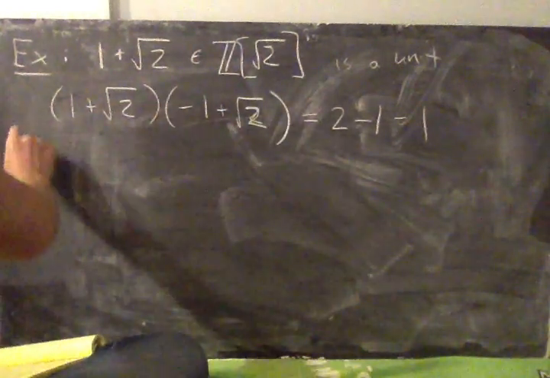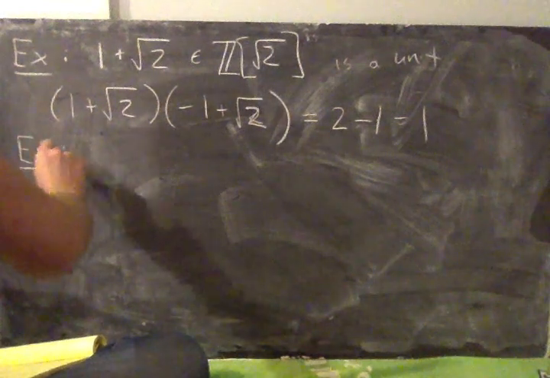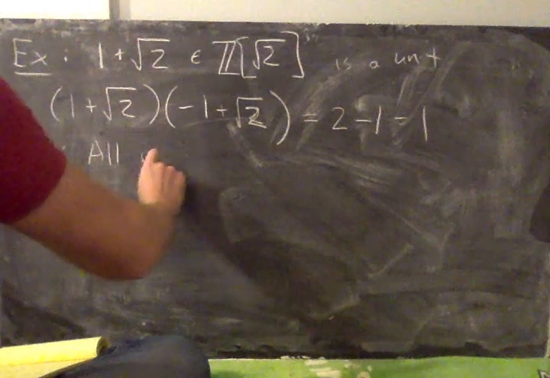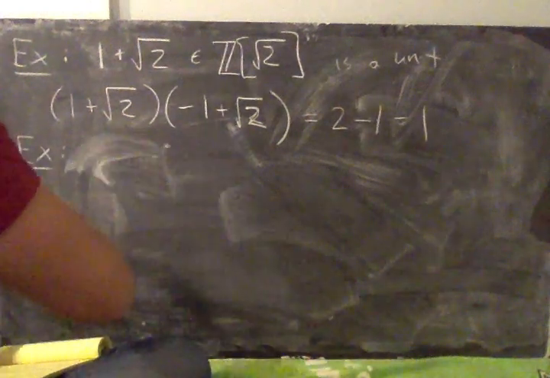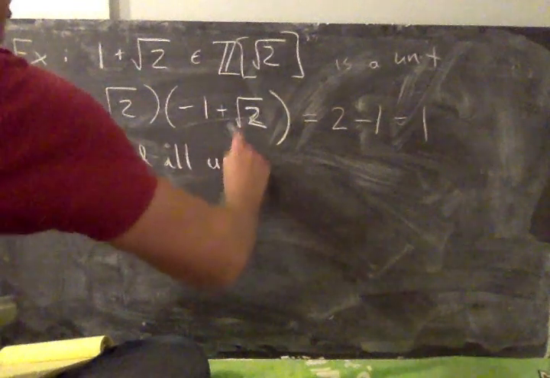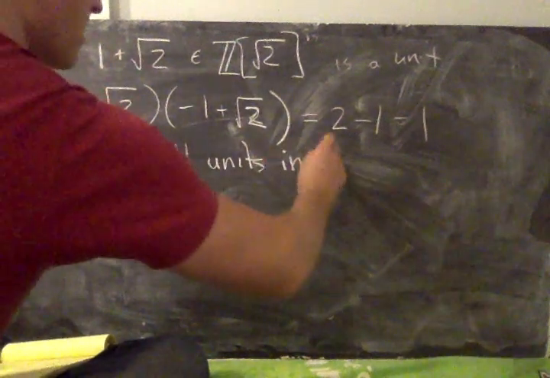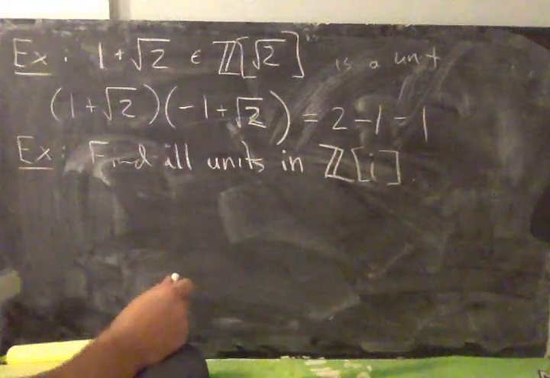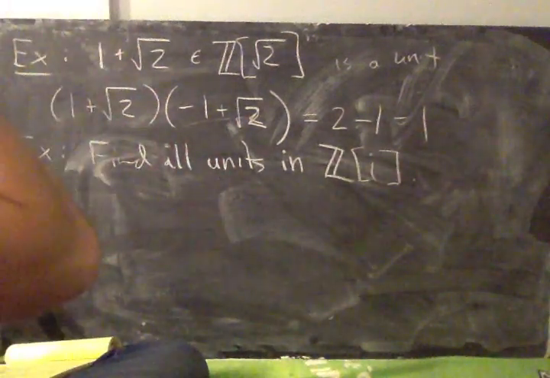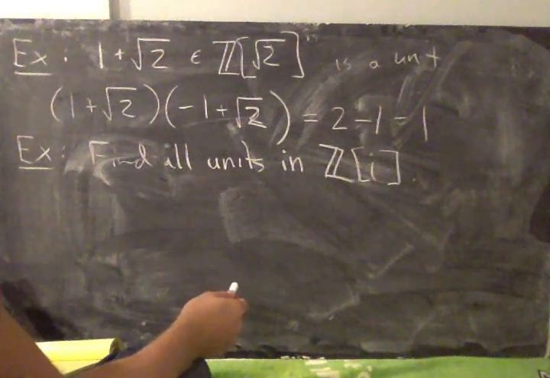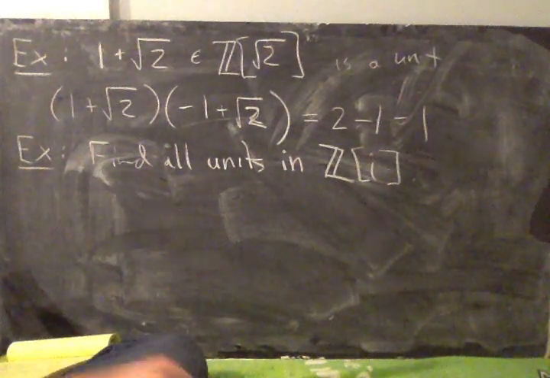As another example, we can find all of the units in the Gaussian integers. So let's find all units in Z adjoin i. This is all of the r plus s times i where r and s are integers.